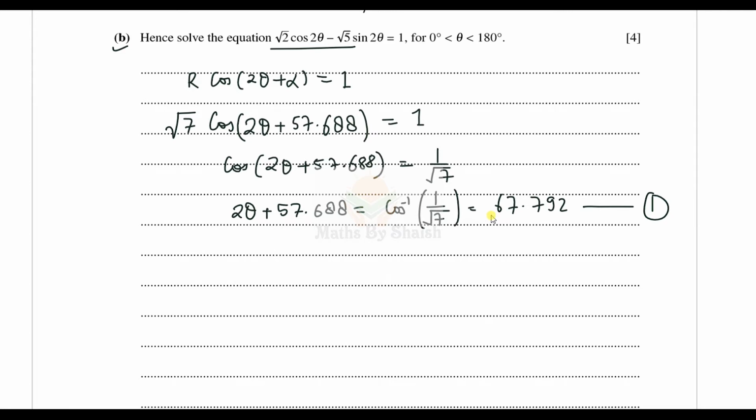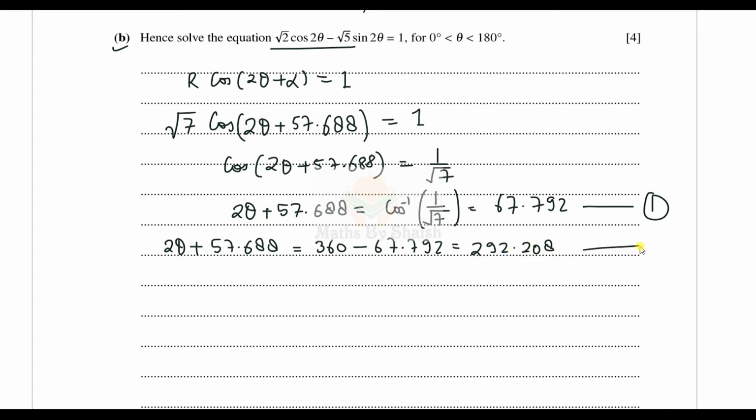So 2 theta plus 57.688 is equal to 360 minus 67.792, and that is coming 292.208.